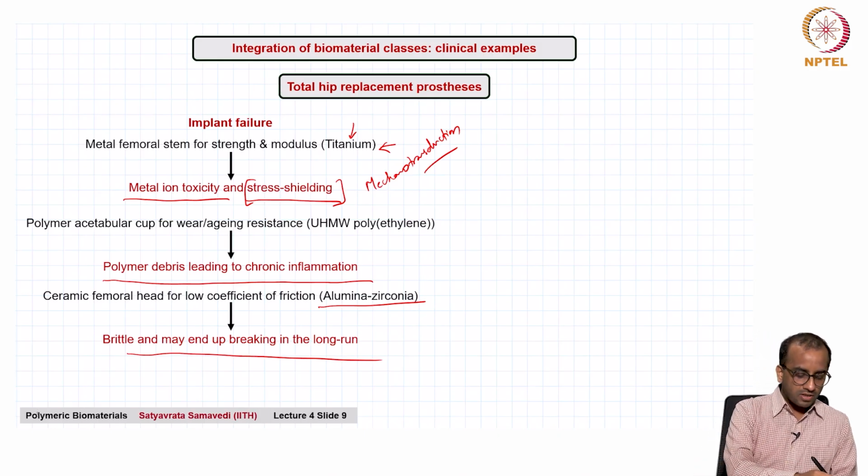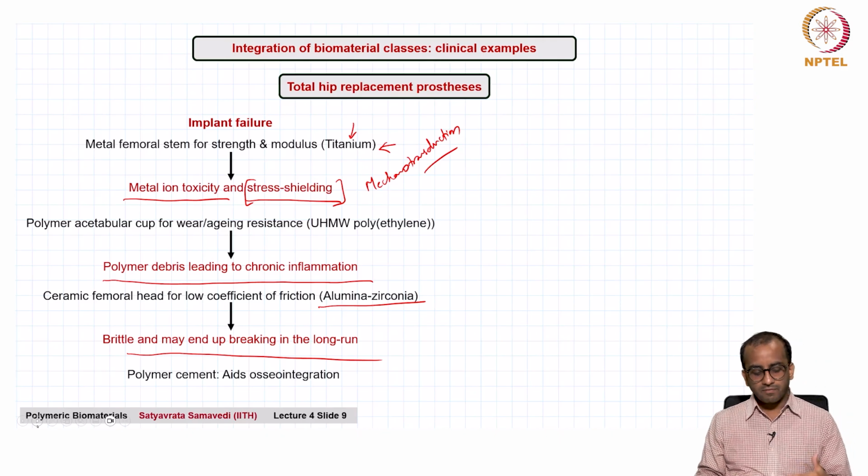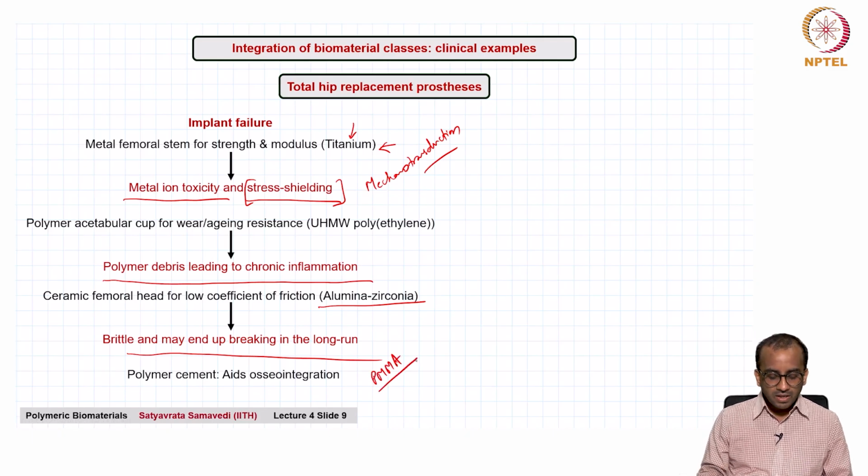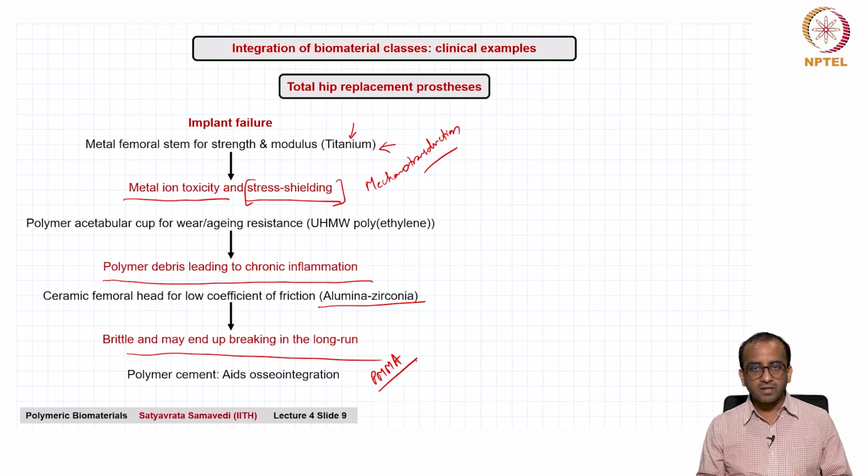There is one more material that was used, which we saw earlier in the context of intraocular lenses, which is polymethyl methacrylate, often called plexiglass, PMMA. Interestingly, it's also used as polymer cement in fixing these metal hip replacement prostheses.